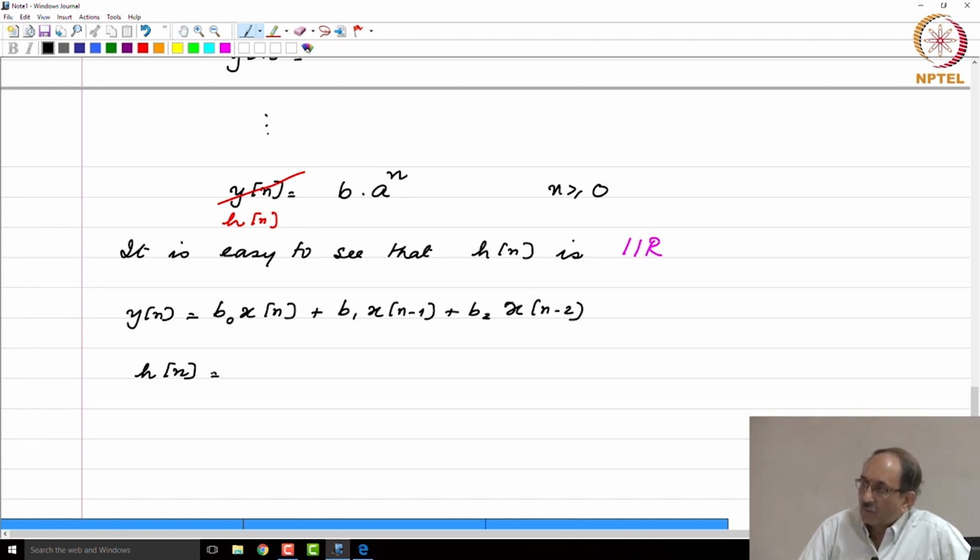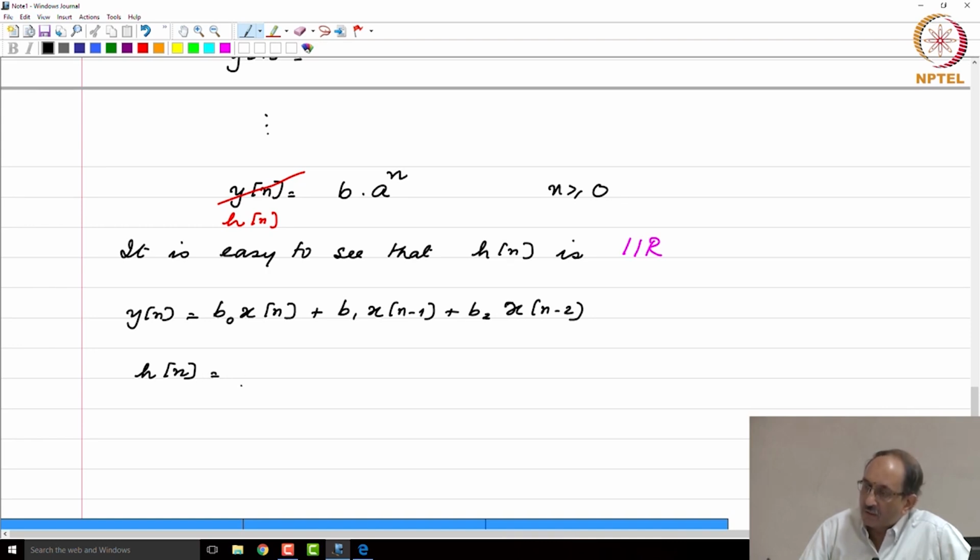All you need to do to get h of n is replace the input x of n by delta of n. h of n is the impulse response, x of n is the input. Input has to be the impulse if you want y of n to be h of n.